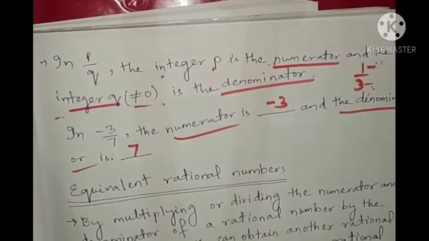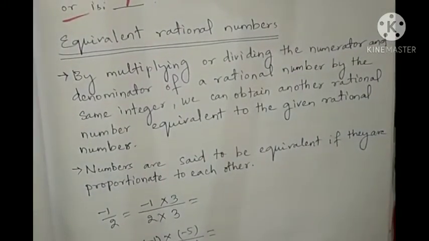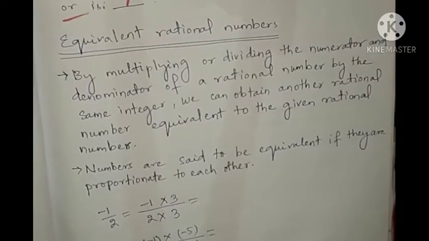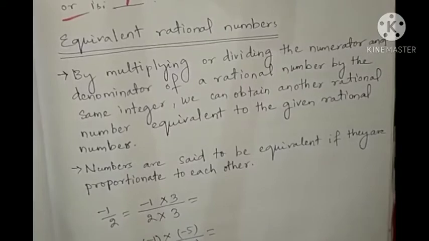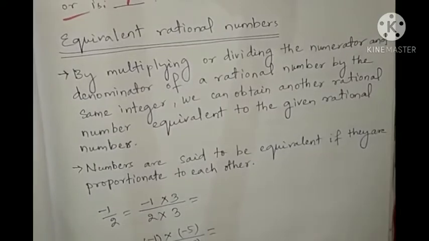Next, see equivalent rational numbers. So how did we used to find equivalent fractions? Like that we can find equivalent rational numbers. For finding an equivalent fraction, we used to multiply the numerator and denominator by the same number.